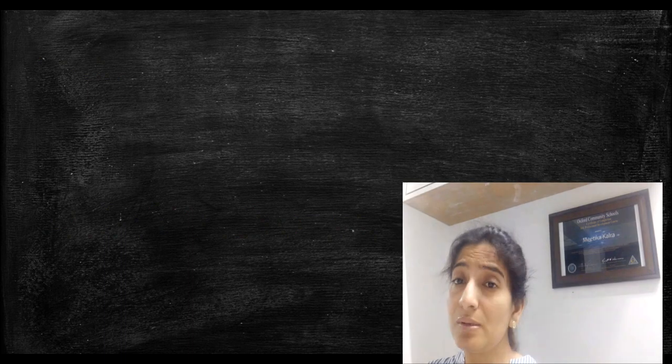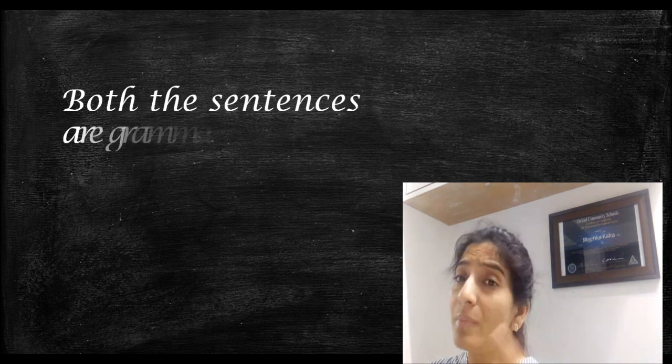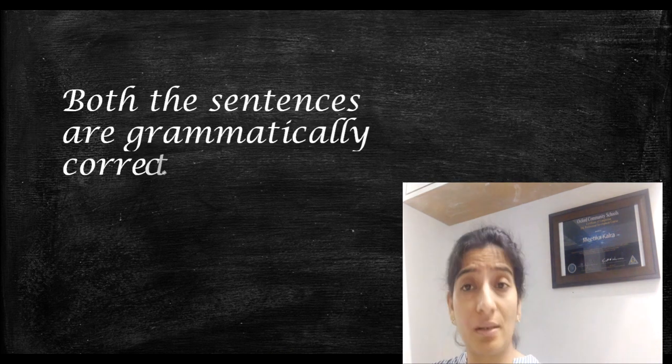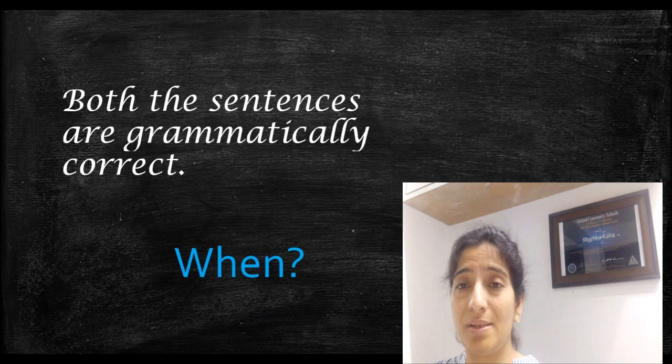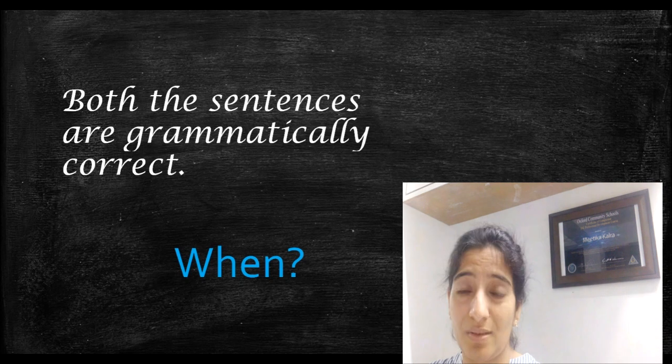As you can see, both sentences make sense for their own situations and both are grammatically correct. But you may be wondering when to use active voice or passive voice. So to know the answer to this question, you should know about the situations where it's best to use active or passive voice. Let's understand with the help of examples.